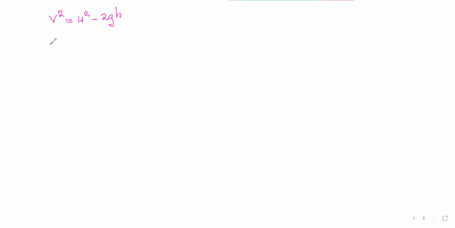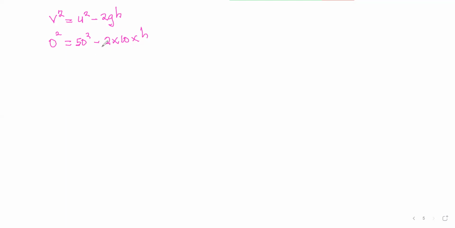So if we substitute 0 for v, we have 0 squared is equal to initial velocity 50 squared minus 2 times 10 times h. Help me calculate the value of h. The value of h is 12.5 meters.